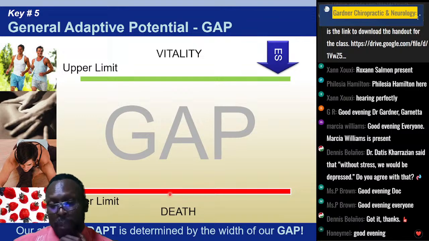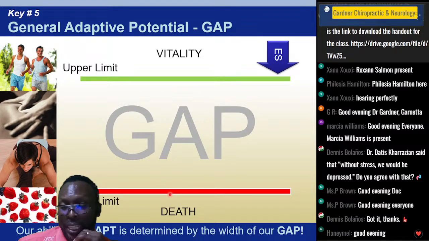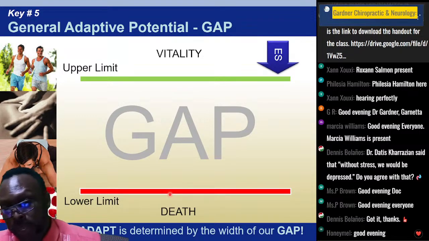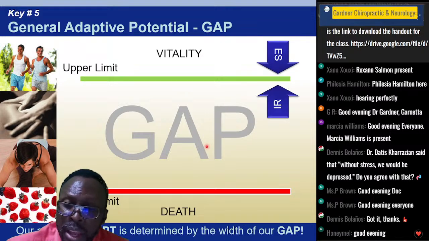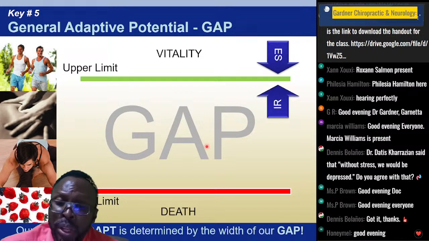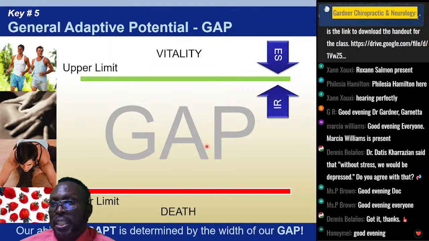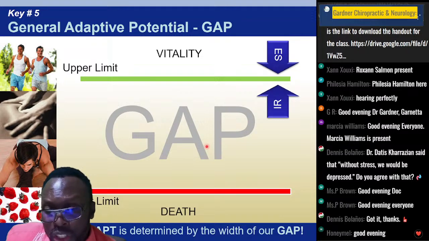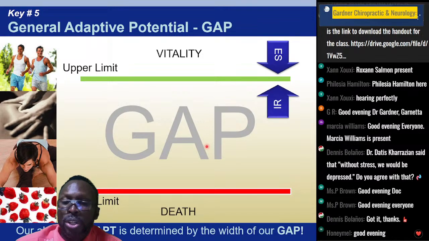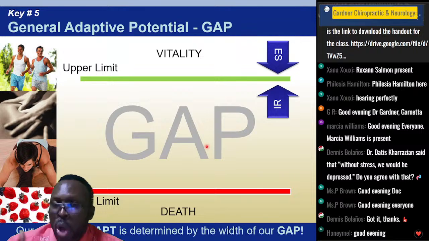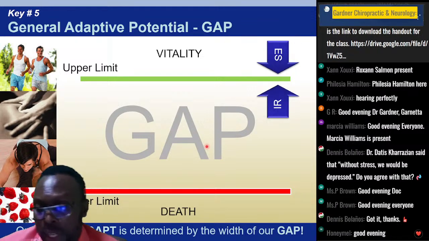Stresses in our environment, or external stresses, will push down on our upper limits, causing the gap to narrow. And the only thing that we have to counteract this is our internal resistance. That internal resistance pushes up against our external stressors and allows our bodies to be able to counteract the effects of the stress.